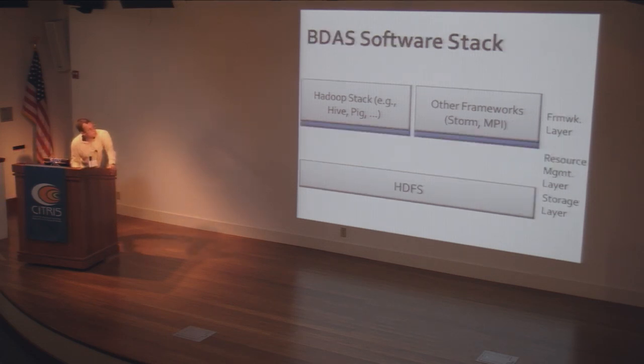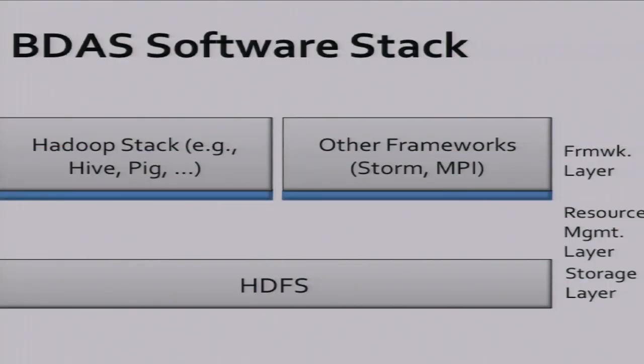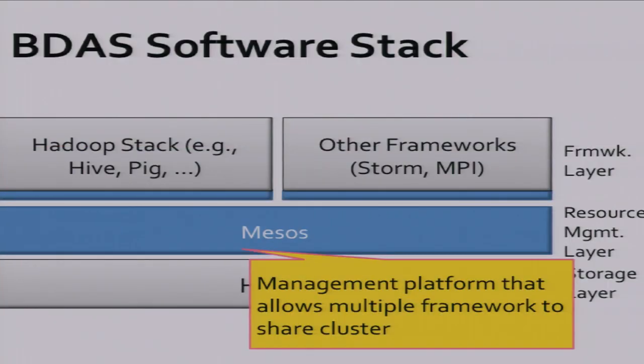So now, in this software stack, we add a new layer, a resource management layer, in the form of Mesos. Mesos is a management platform that allows multiple frameworks to share the cluster and the data stored in HDFS.